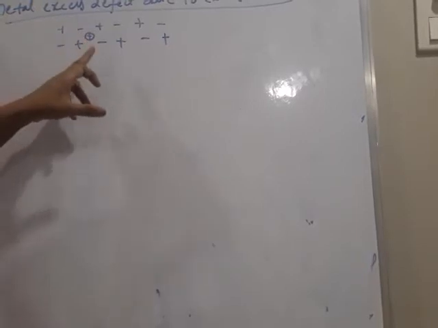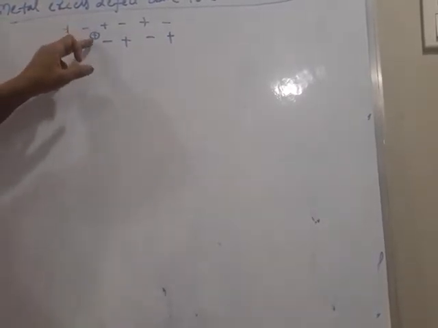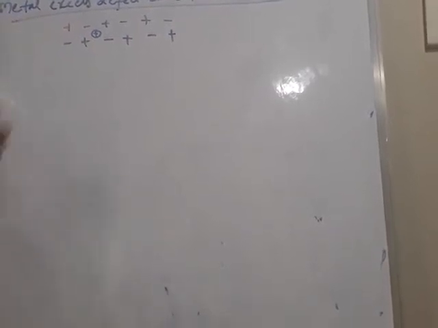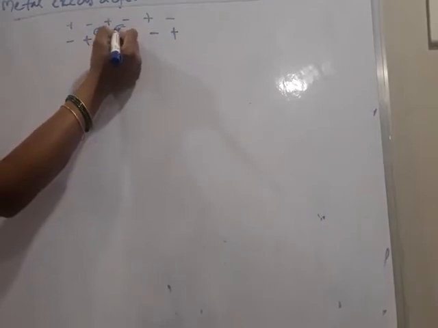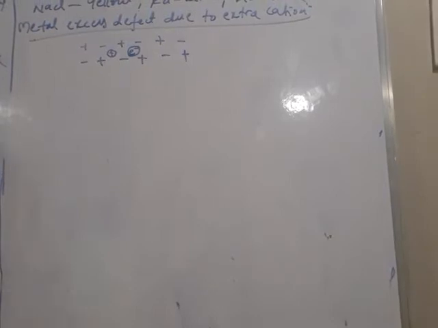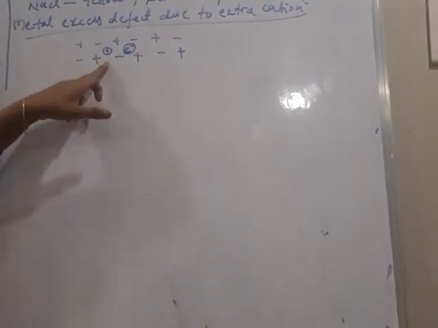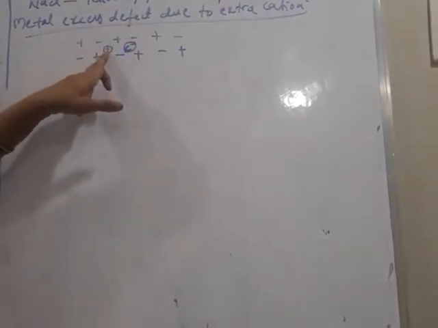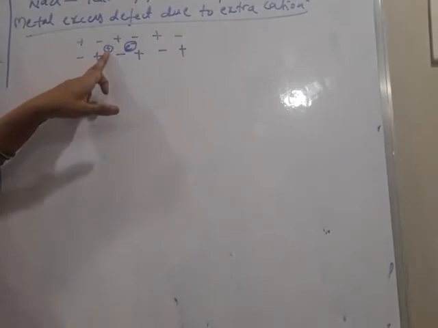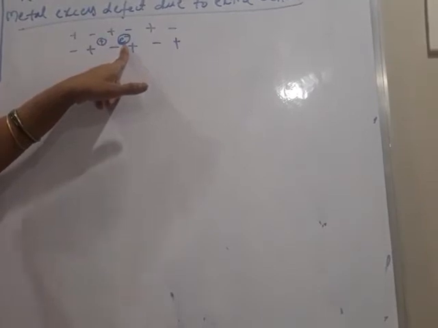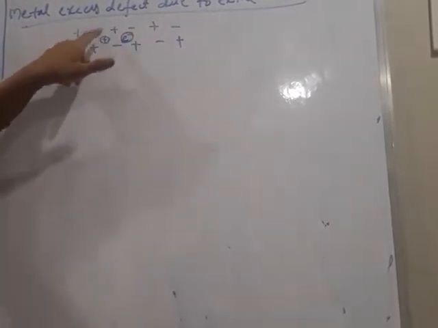To maintain electrical neutrality, the cation present at the interstitial position is neutralized by an electron present at the interstitial position. The extra cation occupies the interstitial position, so one more extra electron is created there.